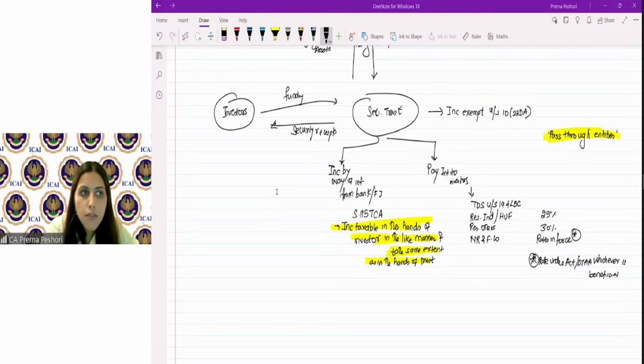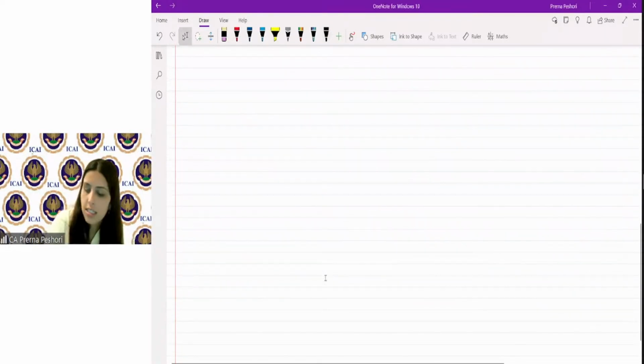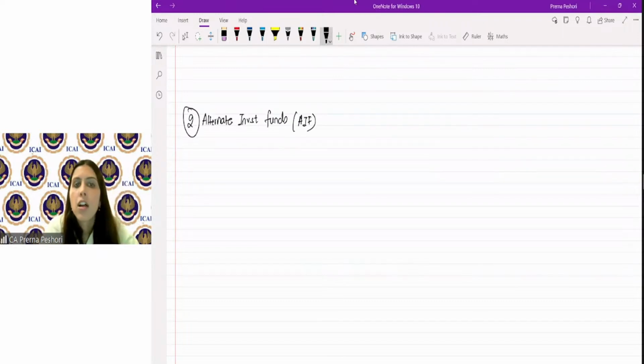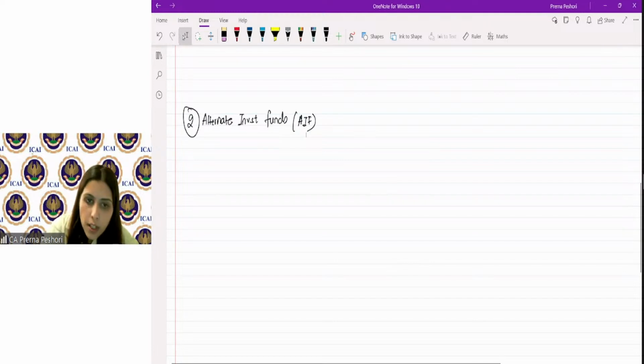So then we have the AIFs. The second one is the Alternate Investment Funds, AIF. Now, what are these alternate investment funds? These alternate investment funds are basically of two categories, category 1 and category 2 AIF.